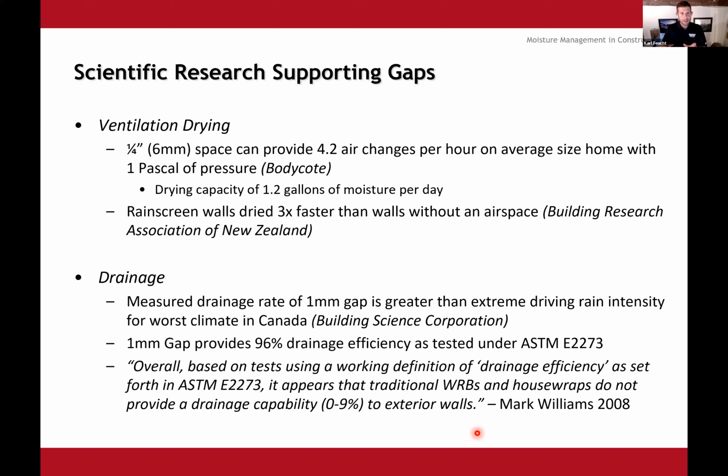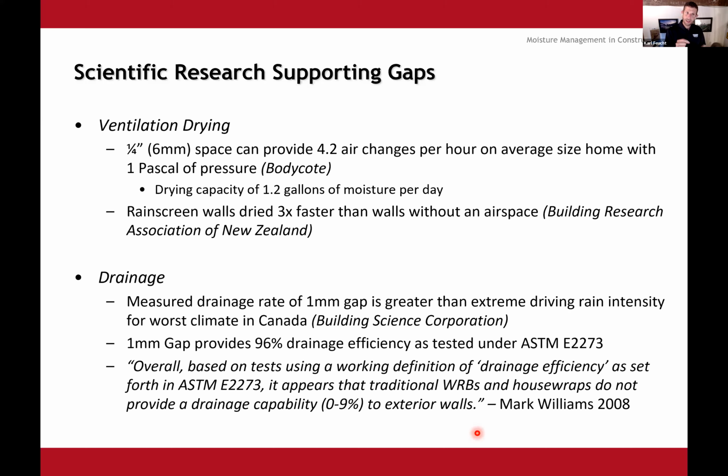Now, ventilation drying, this is the rainscreen side of the thing, right? So we talk about what's the difference between drainable house wrap and a rainscreen. This is where we're starting to get into that. So a rainscreen is going to give you drainage, but it's also going to give you ventilation drying. It's going to create a continuous airflow in your wall assembly behind your siding. And in order to do that, you've got to have at least a 6 millimeter space.